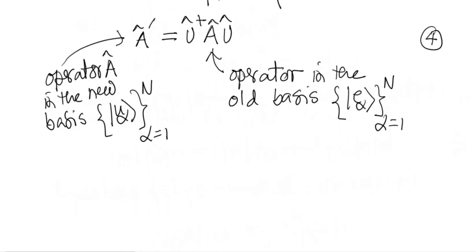Okay, now we consider the alpha beta matrix element of this transformed operator.